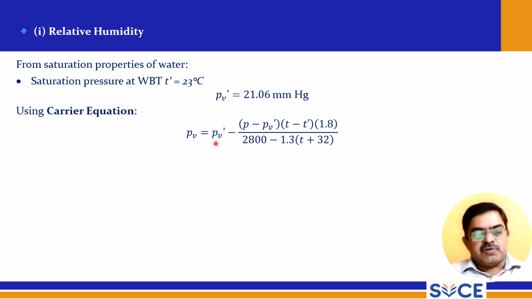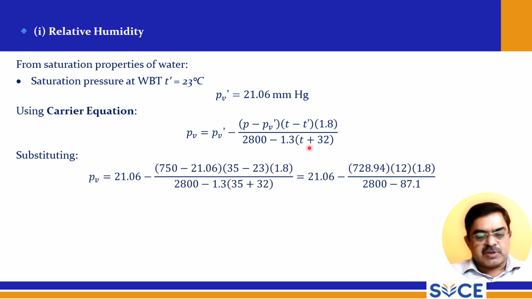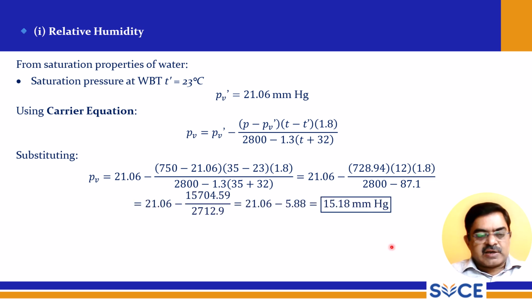PV equal to PV dash minus (P minus PV dash) into (T minus T dash) into 1.8 divided by (2800 minus 1.3 into T plus 32). When we substitute all these values, which we now know, we can easily calculate PV. That is equal to 15.18 millimeter of Hg.